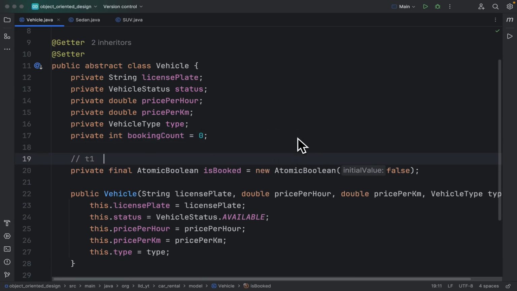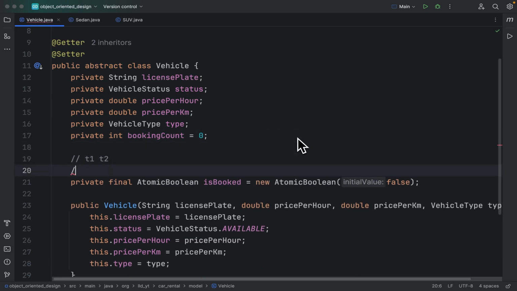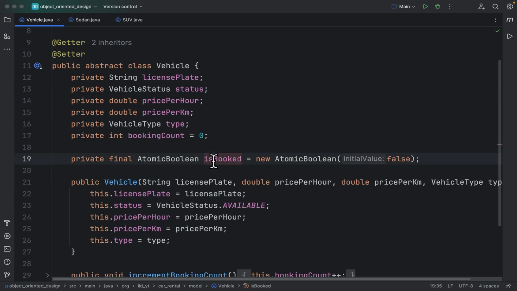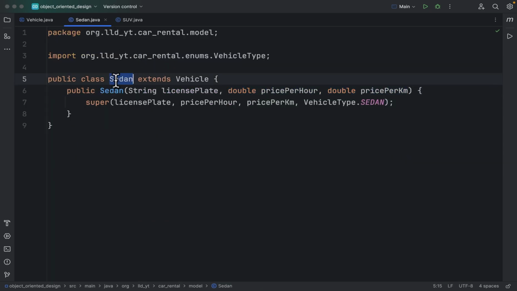So if there are two threads T1 and T2, and initially both see that this variable is false, then only one of them will be successful in converting this from false to true. Why? Because this variable is atomic in nature. So this was the abstract vehicle class, and we also have the concrete vehicle, which is sedan.